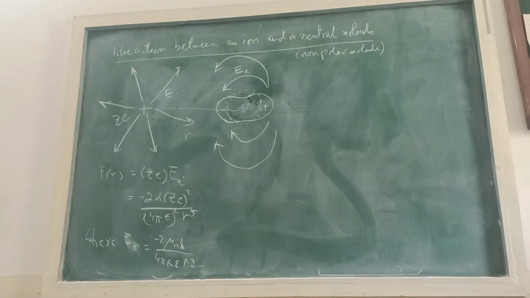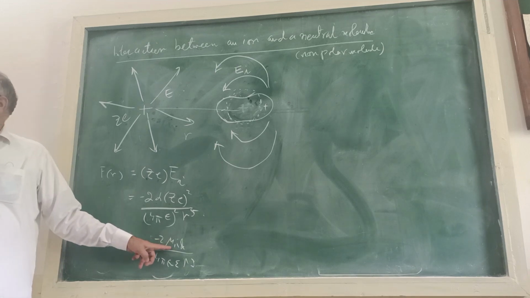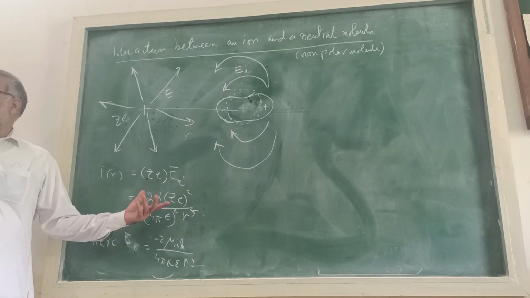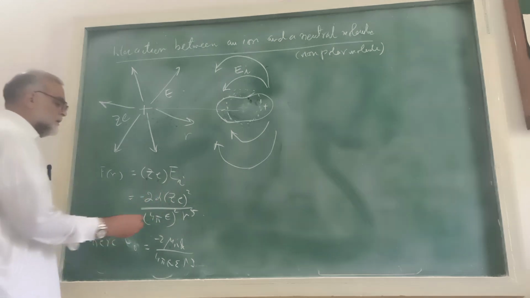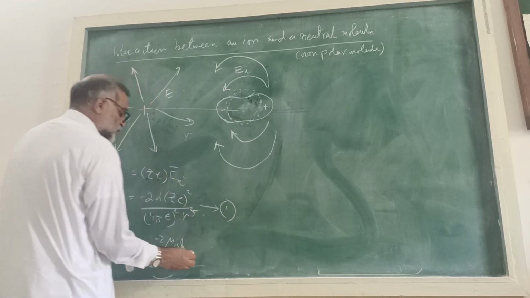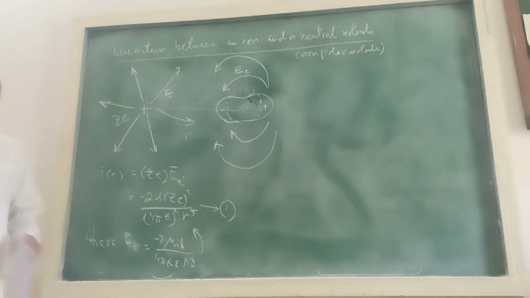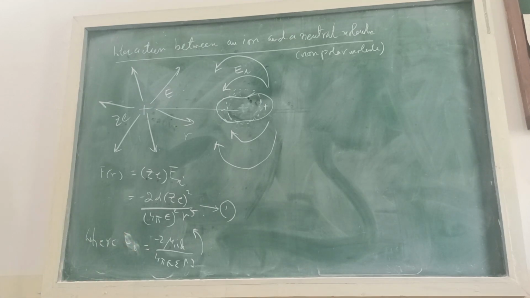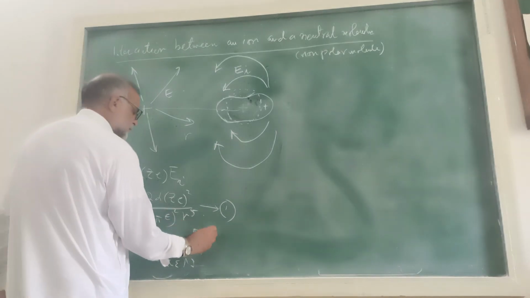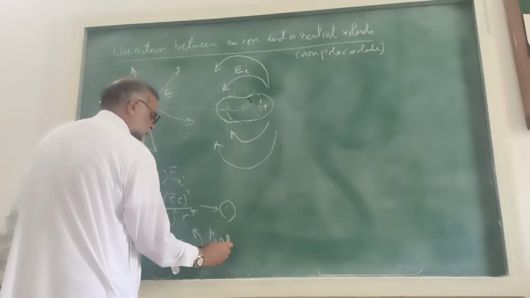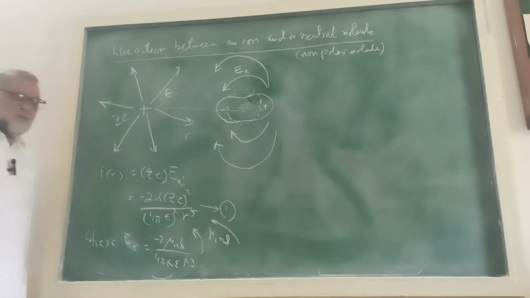When you put the value of mu induced in it, you get minus 2 alpha ZE whole square. You replace mu induced in this equation.